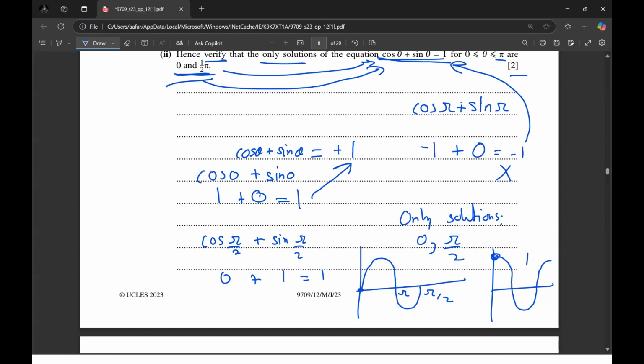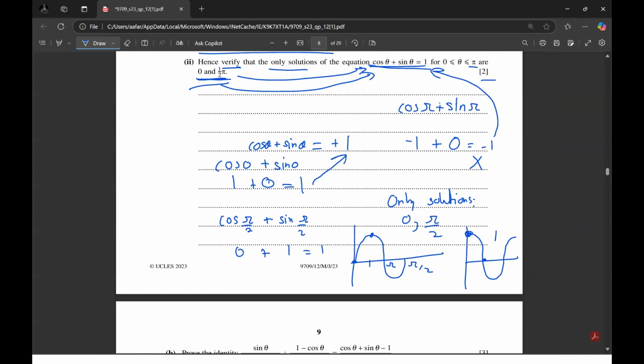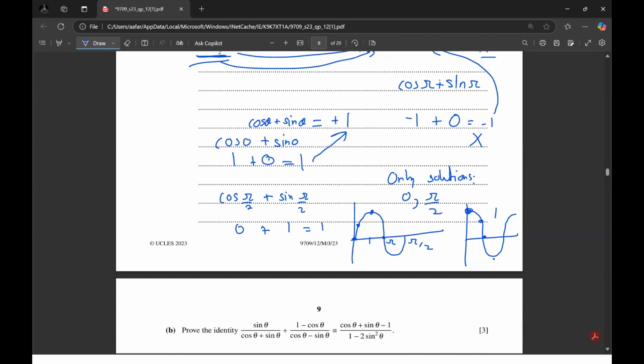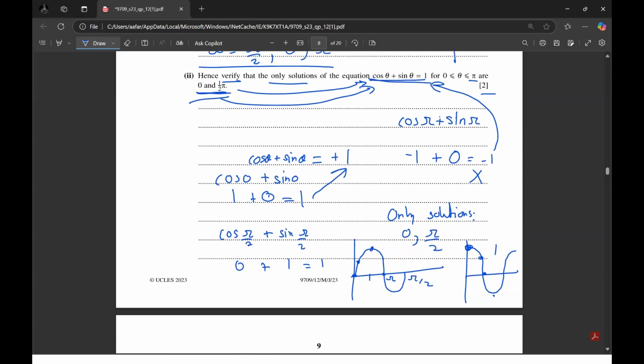So when we're adding it, that's the only one we get. And at pi over 2, sine is 1 and cos is 0. That's the only way. Any other value, even pi, gives -1 and 0, and all other values won't be equal to 1. If we take any value between, let's say pi over 4, then this plus this won't equal 1. It will be more than 1. So that makes sense, right? So the only solutions are 0 and pi over 2.